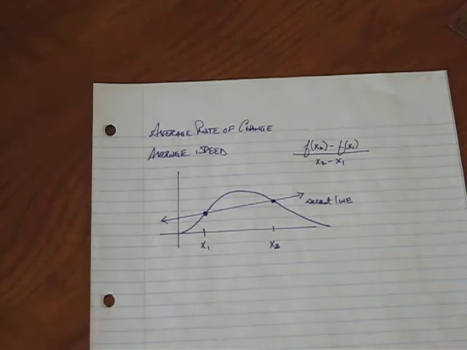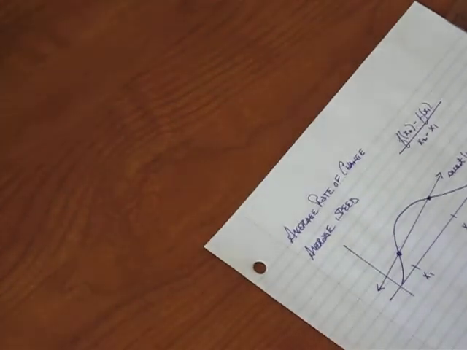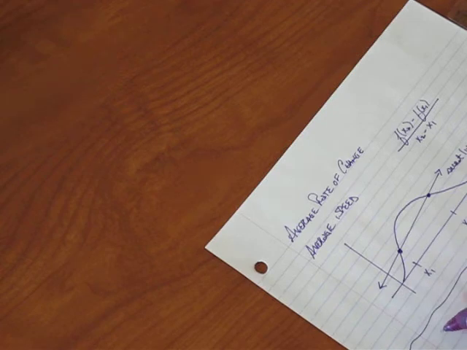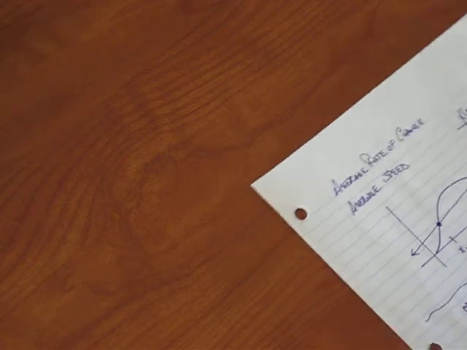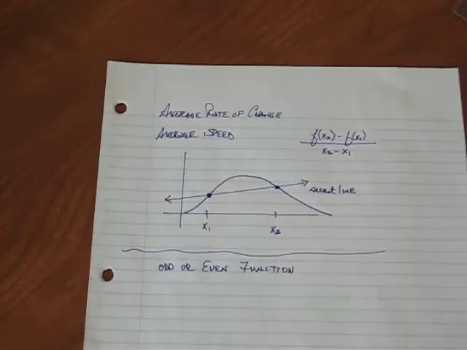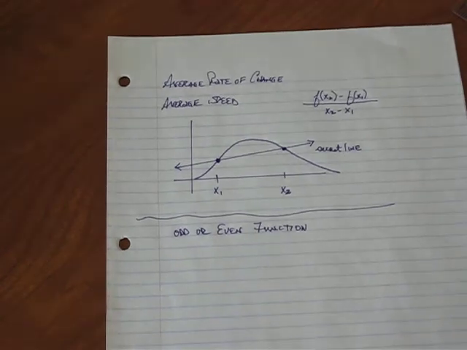The last one is a concept we call odd or even functions. If you're given a graph, how do you tell if a function is either odd or even?